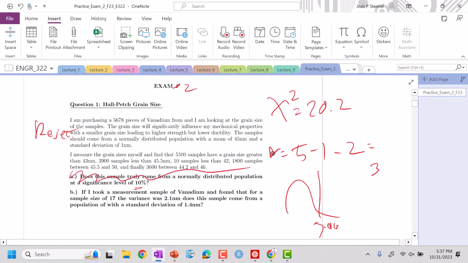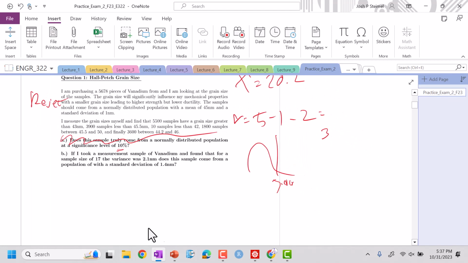If I took a measurement sample of vanadium and found that for a sample size of 17, the sample variance s squared is equal to 2.1 nanometers, does the sample come from a population with a standard deviation of 1.4 nanometers?